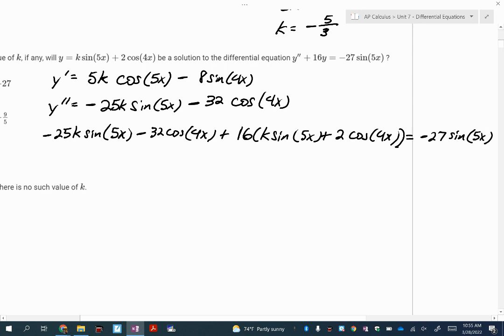There's a lot going on here, but it just seems more complicated because of the trig functions; really it's just a lot of algebra. So I'm going to copy these down.